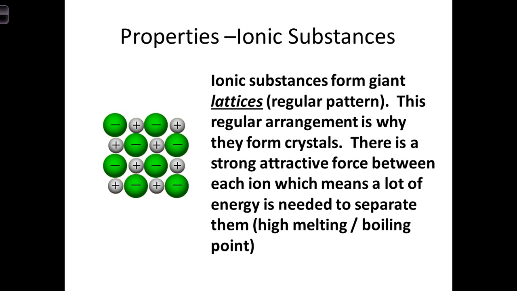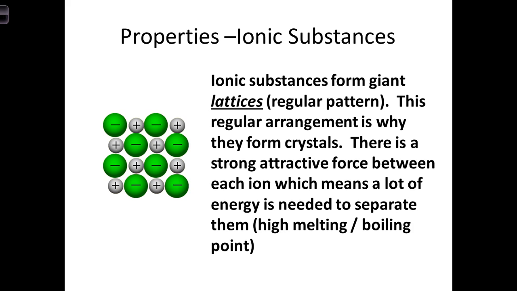When we melt something, we have to provide enough energy to get the particles moving around, sliding past each other, as in a liquid. In this case, getting the ions to slide past each other and move around is very difficult because they're locked in that pattern.